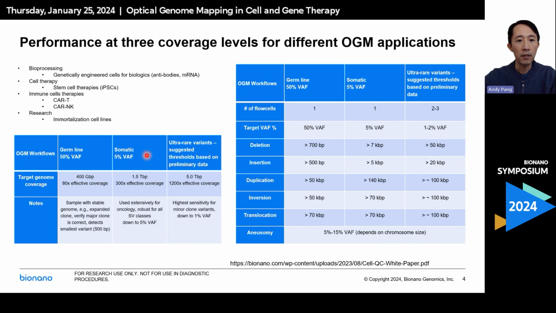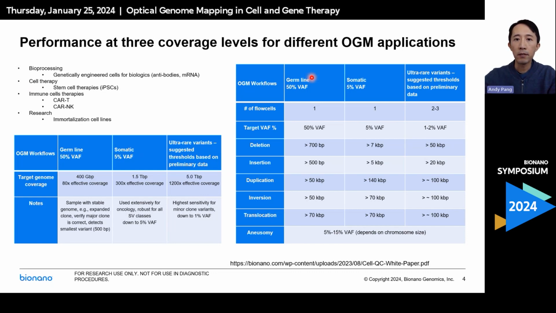It has sensitivity down to about 5%, and you would need to collect a total of 1.5 terabase pair of coverage or 300x effective coverage. If you're looking for something even more sensitive, low allelic fraction, based on preliminary data, when you can collect even more data, up to a total coverage of 5 terabase pair or 1200x effective coverage, that would enable you to identify calls down to 1 to 2% VAF.